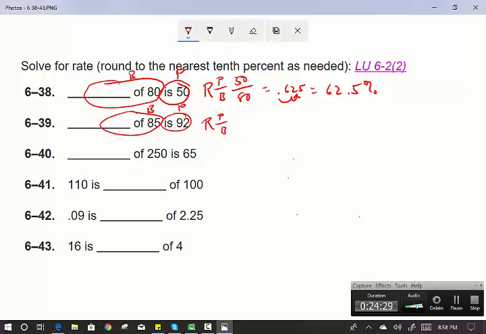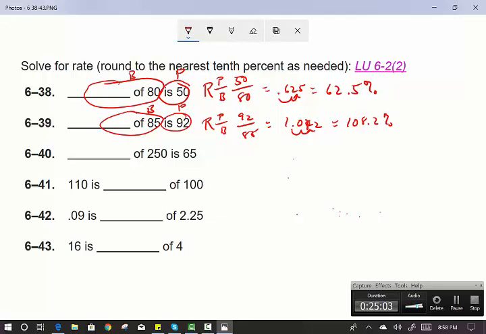So the part is 92 divided by the base of 85, and that's going to give you 1.082. Move the decimal point 2 places to the right to equal 108.2%.